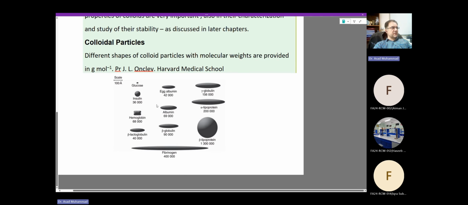Not just the shape, but the sizes of the colloidal particles are very much different. For example, if you compare this to this, there is a very large difference between them. There is a difference in size, and a difference in their weight. So if this is 100 angstrom, you can see that this is a very large part which is covered over here.